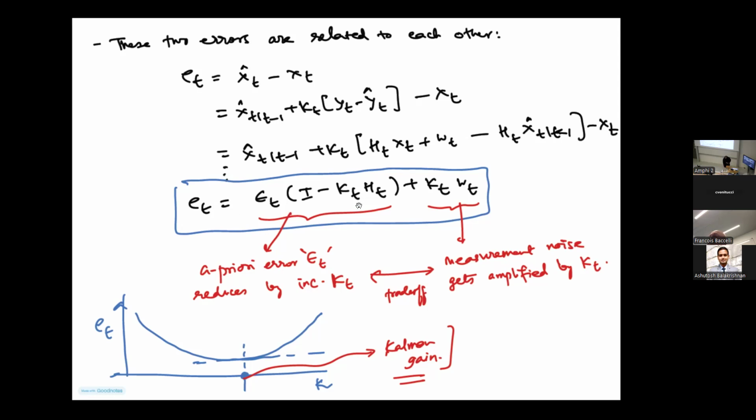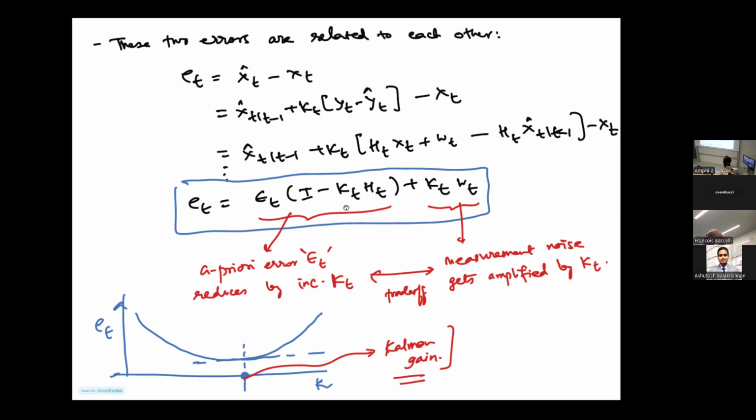What we observe is that as this Kalman gain increases, ET first decreases up to a certain point, and then as the Kalman gain keeps increasing, ET will again increase. Why is this happening? Because as the Kalman gain increases, the measurement noise gets amplified. So the Kalman gain is directly influencing the measurement.